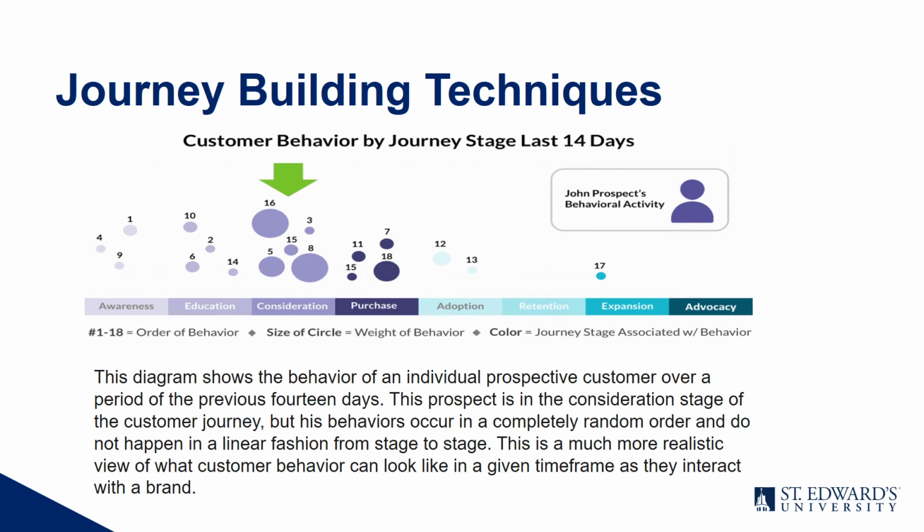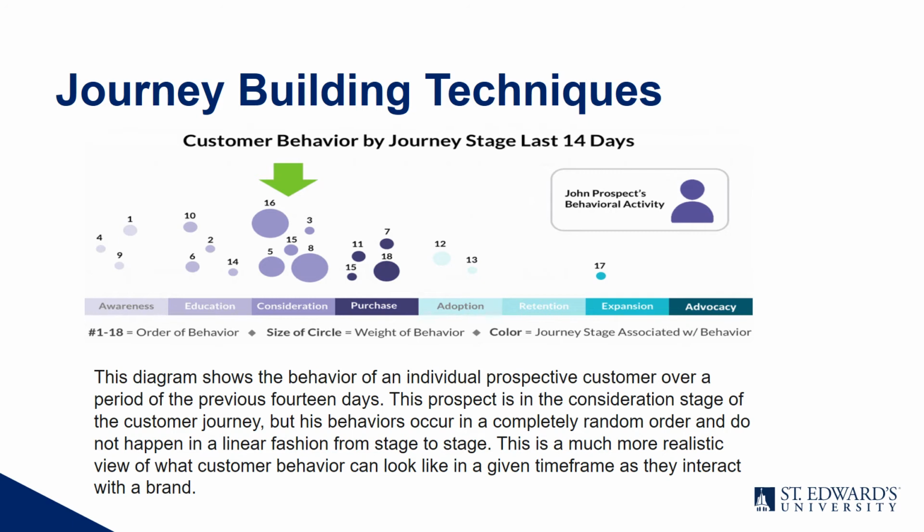Customer journey building techniques. So here's an example of John Prospect. Okay, let's call him a customer and his behavioral activity, right? And this is that whole funnel we talked about before. Where does John spend most of his time in his behavior when it comes to shopping? This diagram shows the behavior of an individual prospect customer, John Prospect, over a period of the previous 14 days.